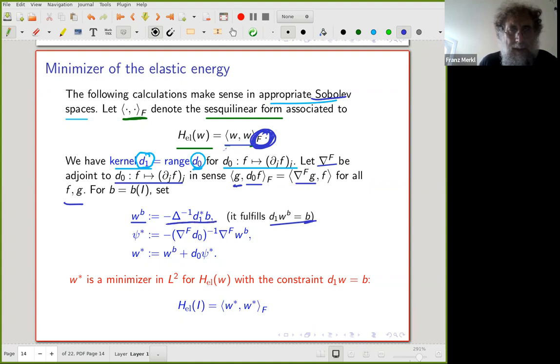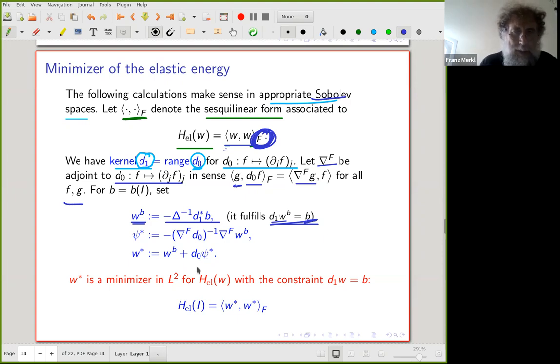So here's something which fulfills that: the inverse of the ordinary Laplace operator, minus Laplace inverse, or Green's function you could say, D1 adjoint B, has this property that it gives you a W_B which has the given Burgers vector density, but is not yet the minimizer. But then you get the minimizer somehow by projecting, using an orthogonal projection in an appropriate Hilbert space.